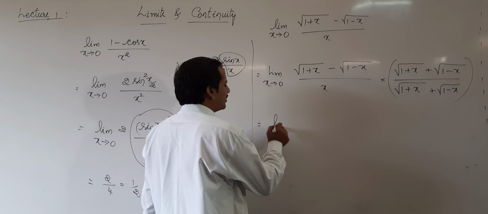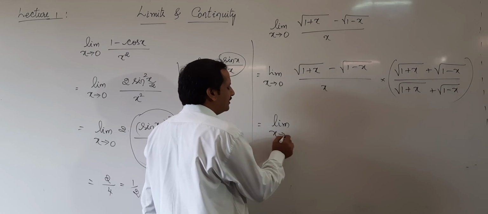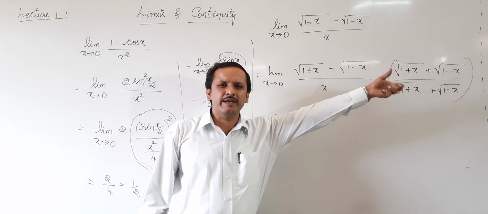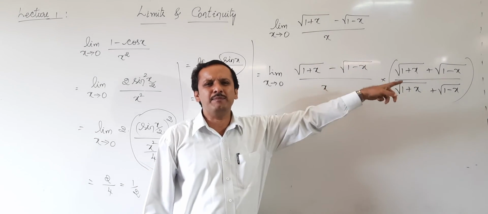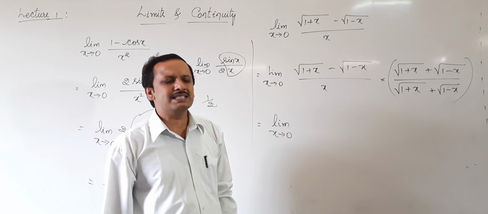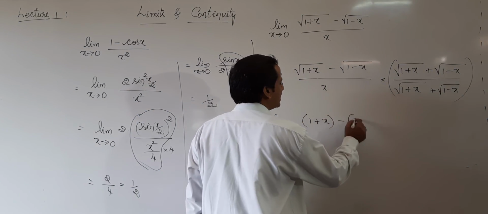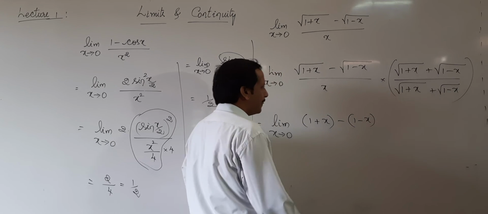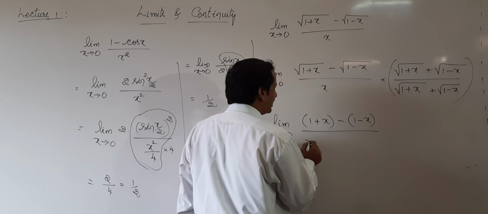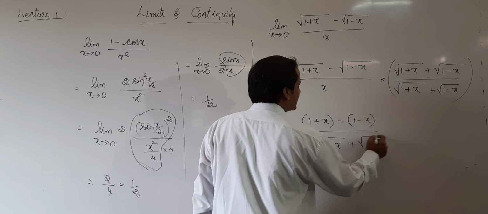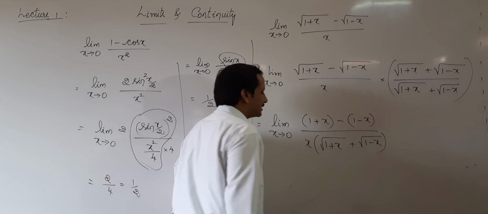Then that's equal to, in the numerator, it looks like a minus b into a plus b, which will give us a square minus b square. That is 1 plus x minus of 1 minus x. Divided in the denominator by x into root of 1 plus x plus root of 1 minus x.